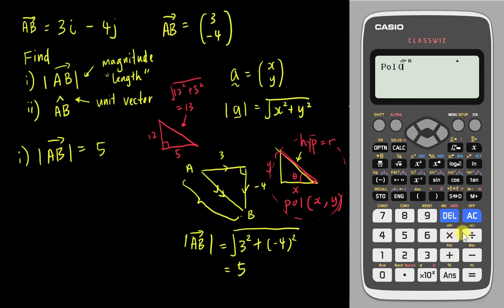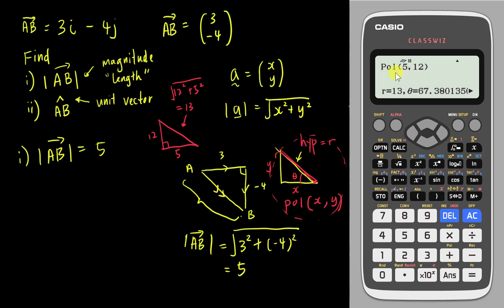I will type shift POL, then 5, then shift comma, 12. The calculator should tell me that my radius is 13. Then I type equal. You can see my R is 13 here. The angle here, I will just ignore. Maybe in the future we will discuss the polar topic for pre-university, and then go more deeply into it. So this method is quite good for you to check your answer whenever you have Pythagoras.